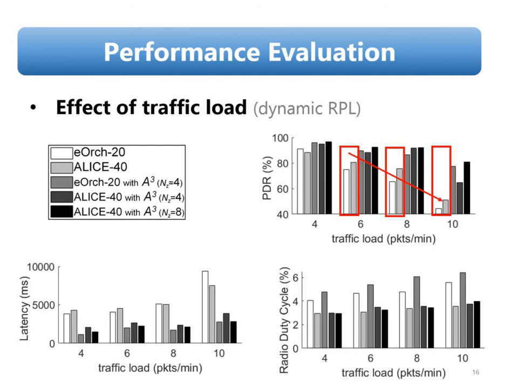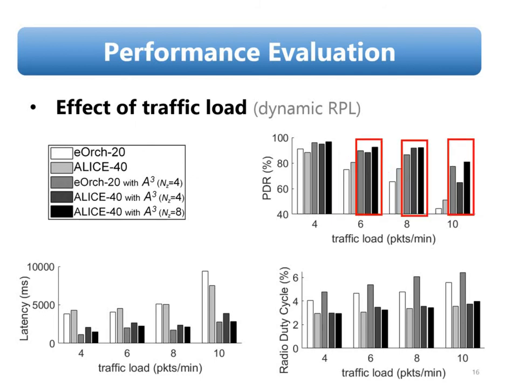Without A-Cube, both Orchestra Analysis schemes show poor performance as the traffic load increases. However, with A-Cube, both schemes consistently show higher PDR utilizing more slots. When we allow A-Cube to utilize up to 8 slots per link, it achieves higher PDR with more communication opportunity.